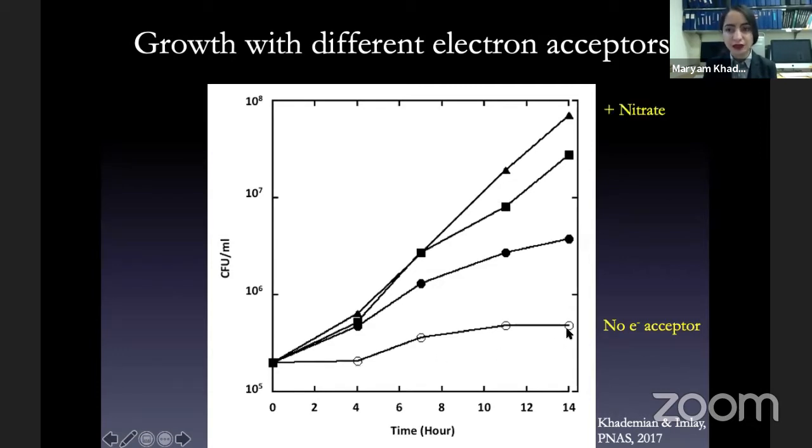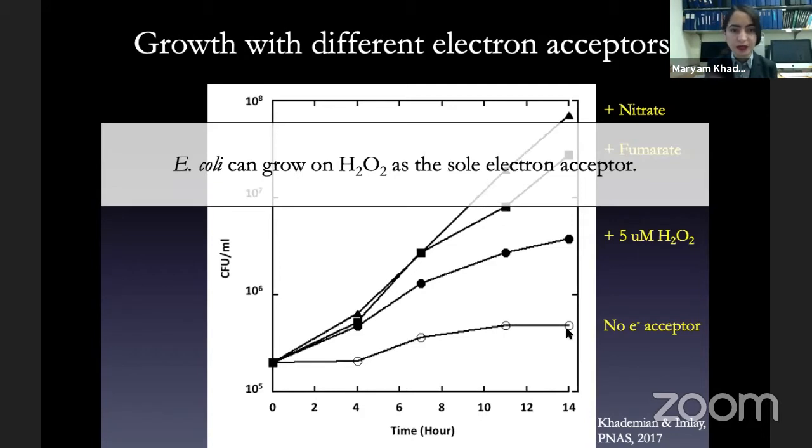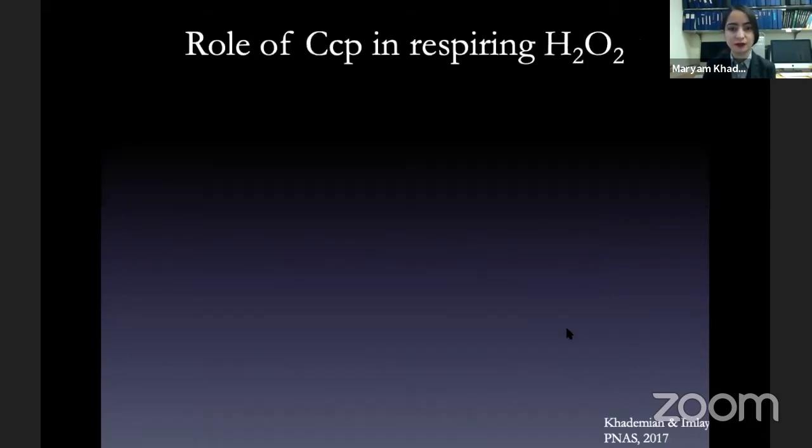If I add nitrate, which is a very good electron acceptor, to the media, they grow fine. If I add fumarate, they also grow. And if I keep 5 micromolar hydrogen peroxide in the media, the cells can also grow on it. So yes, E. coli grows on peroxide as the sole electron acceptor.